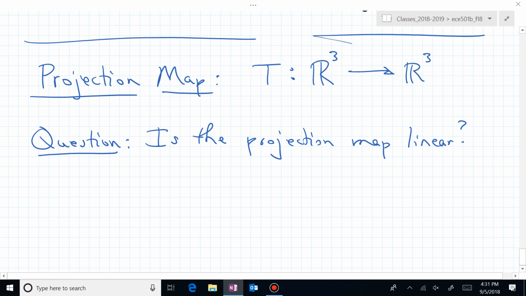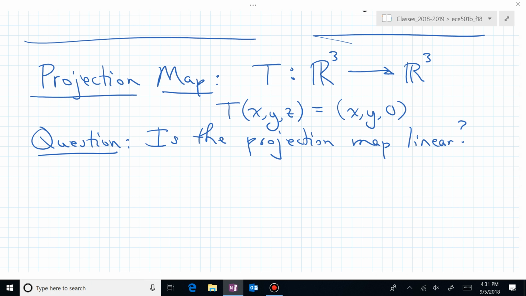Or maybe I should show you what I mean. Suppose we have T of x, y, z, and the projection map that I'm considering here is x, y, 0. So now think of a box that has an x side, a y side, and a z dimension.